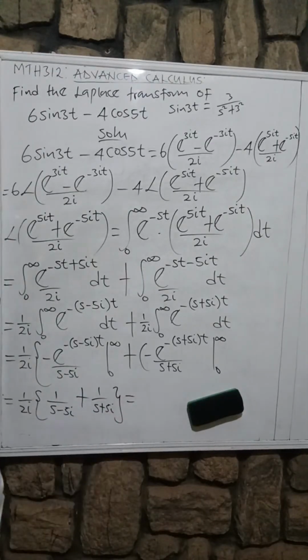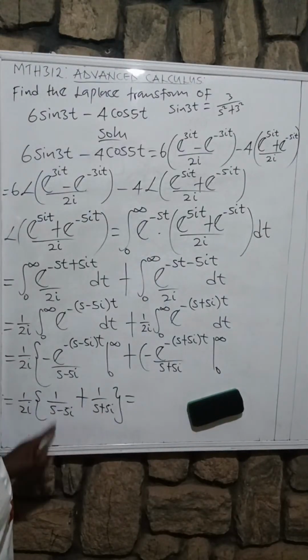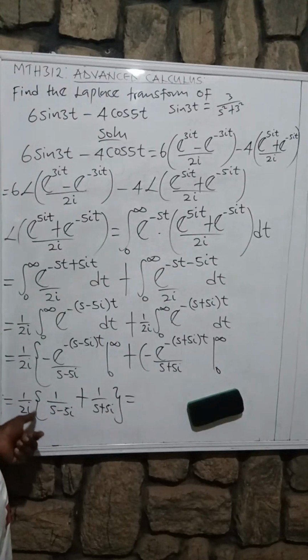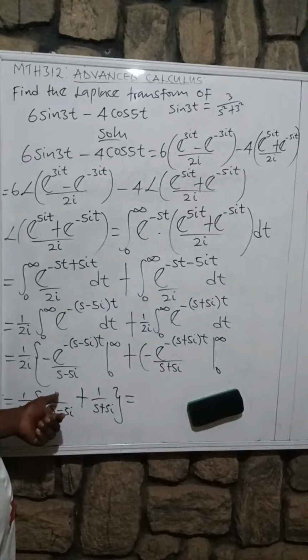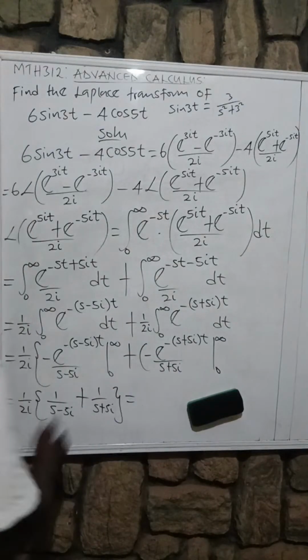Then at the end of the day, if you take the LCM of this, the numerator will be 10i.